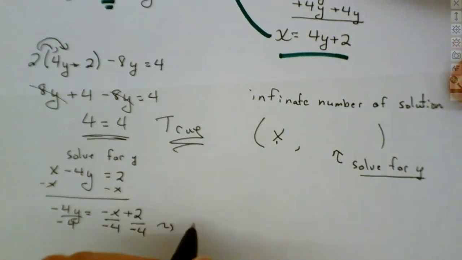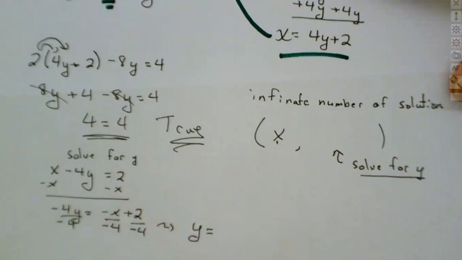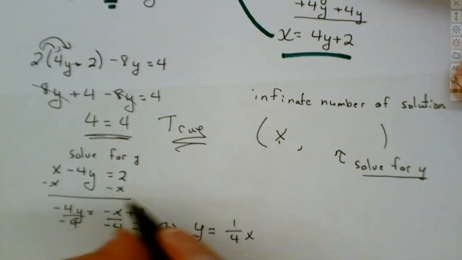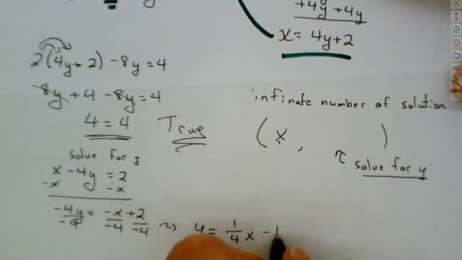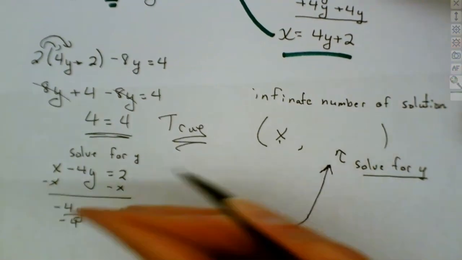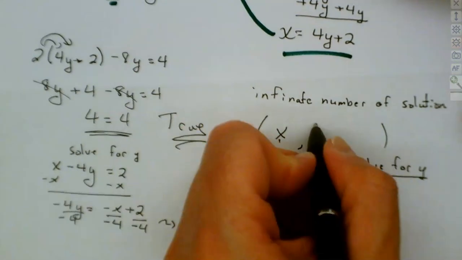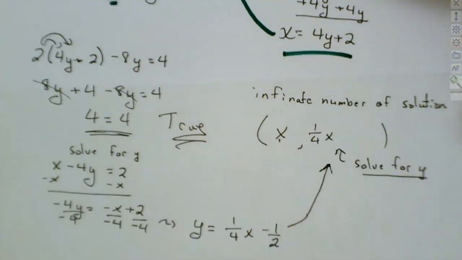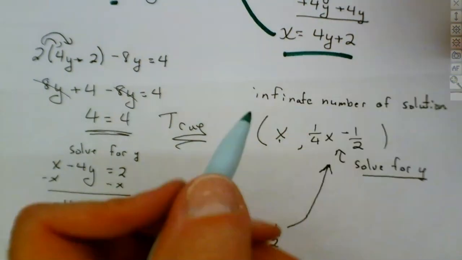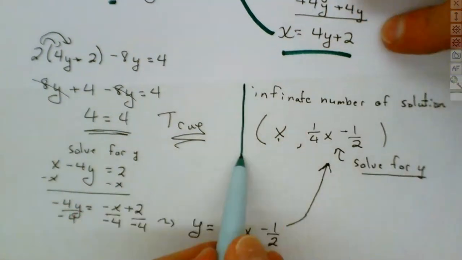Now we can rewrite this as y equals negative and negative makes it a positive 1/4 x. 2 over negative 4 reduces down to a negative 1/2. So that is then 1/4 x minus 1/2. And that's your answer. An infinite number of solutions.